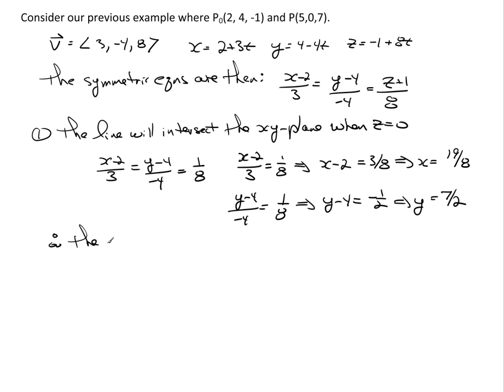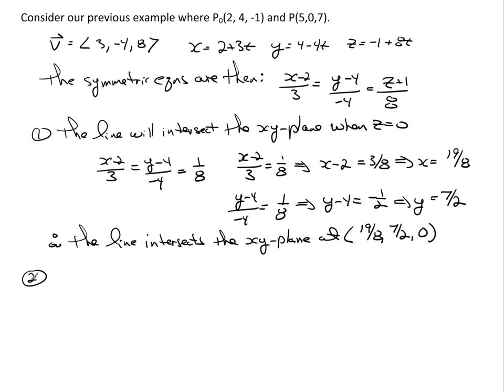Therefore, the line intersects the xy plane at coordinates x is 19 over 8, y is 7/2, z is 0. So I now have the coordinates where the line will intersect the xy plane.